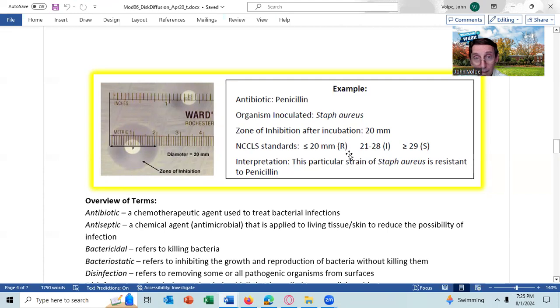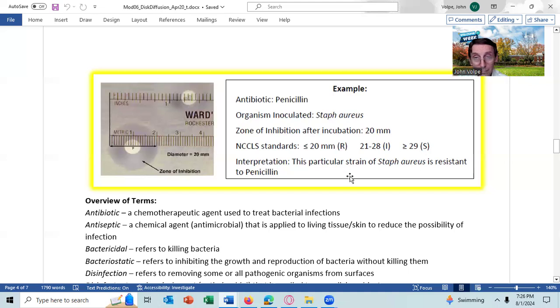However, the size of the zone of inhibition is greater than the size that the table says is resistant to that antibiotic. Is that clear? So if it were 1 millimeter longer, for example, the diameter, then it would be intermediate. It is neither resistant to this antibiotic nor sensitive to the antibiotic.